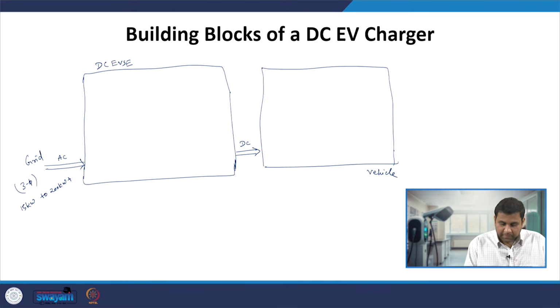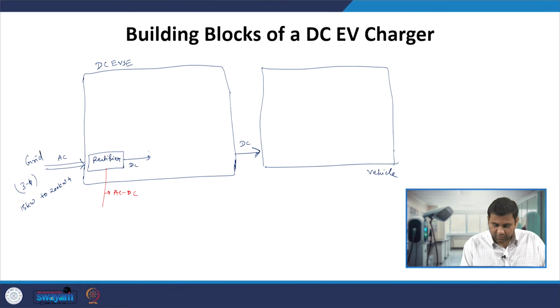So this AC goes into the rectifier, which converts AC into DC. Again, I will draw the DC with a single line here, just to keep things uniform.